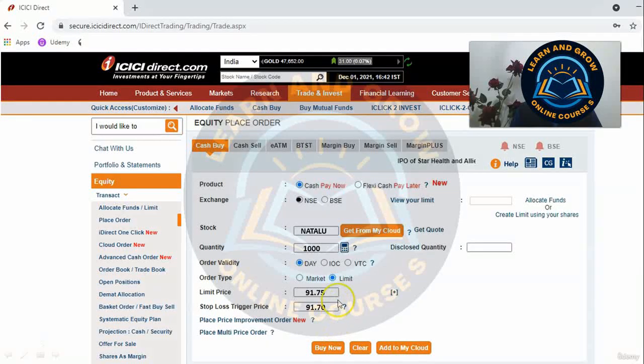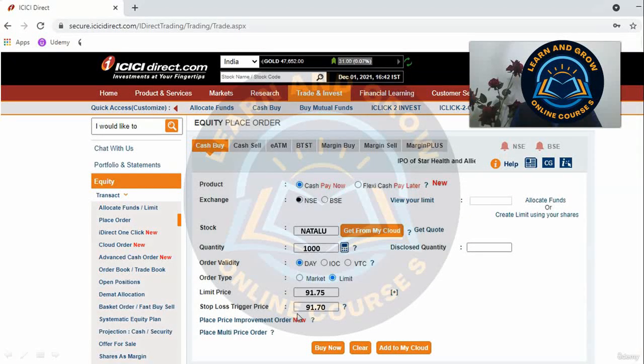But if the price reversal takes place from 89, if the price starts moving upward, then the moment the price reaches 91.7, my order, which was so far dormant in the exchange, will get triggered or activated.